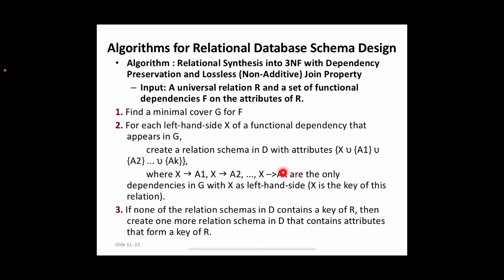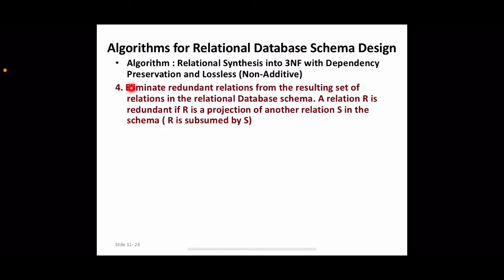And if the newly created relation schemas do not contain this key of R, then we have to create an additional relation schema in D that contains all the attributes from the key of R. Corresponding to that key of the original relation R, we are creating a new relation schema also. And step 4 is to eliminate redundant relations from the resulting set of relations in the relational database schema.